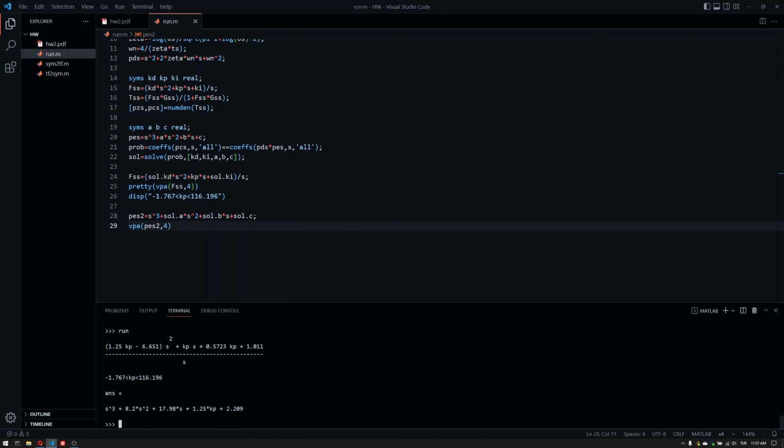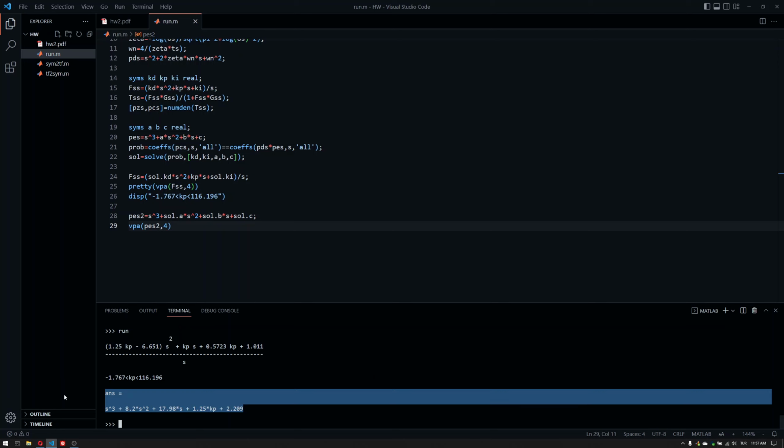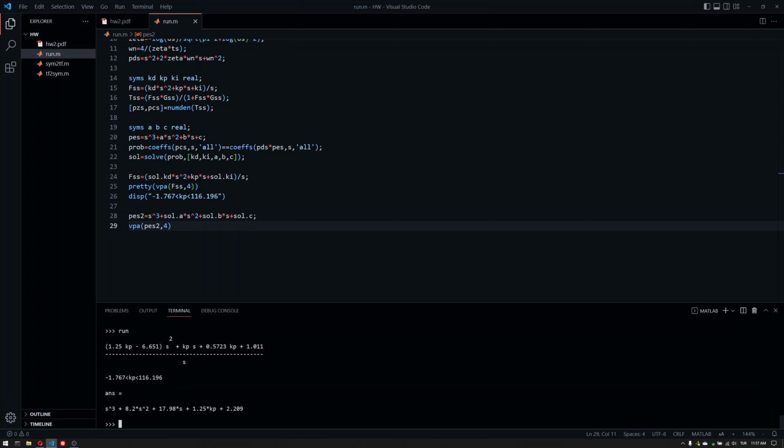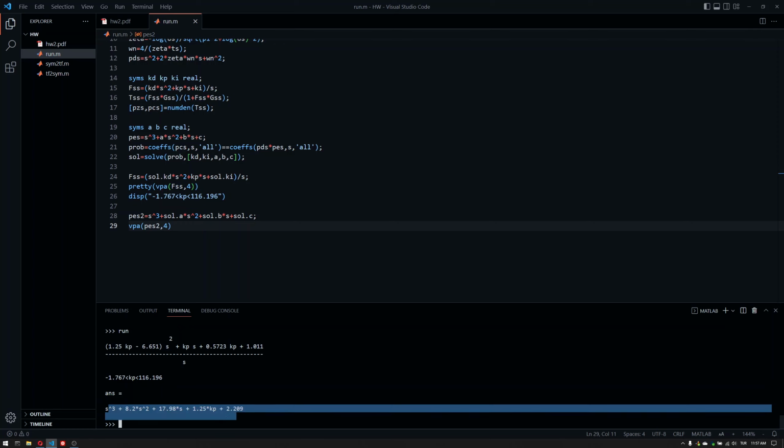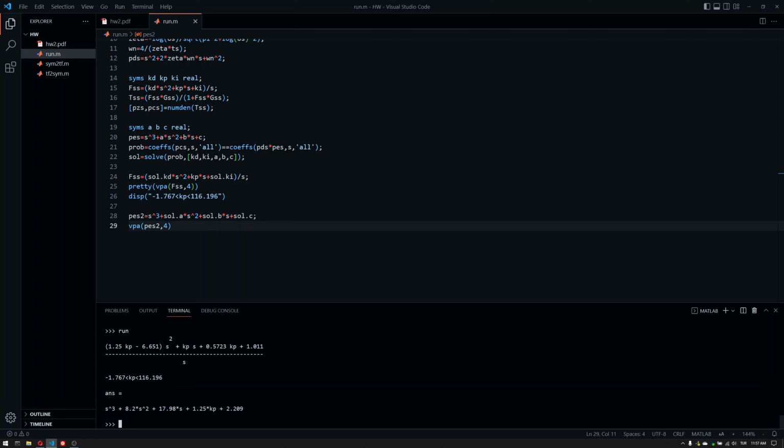Let me run it again, so I can see what the polynomial looks like. I would like to see how the roots move when I change KP. It depends on KP, and I'd like to see the movement of the poles. Furthermore, I'd like to also see what the dominance is, because these three poles of this third order polynomial, the roots of this, are the residue poles.